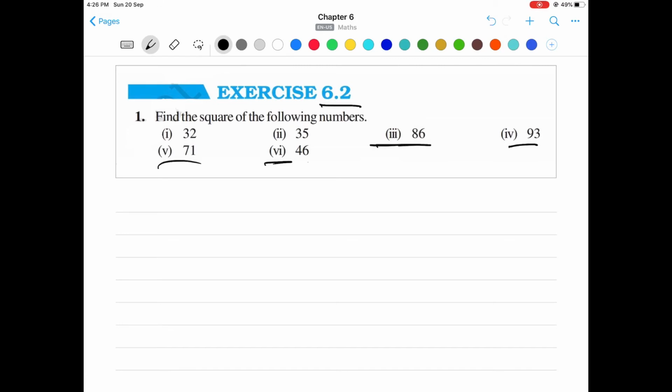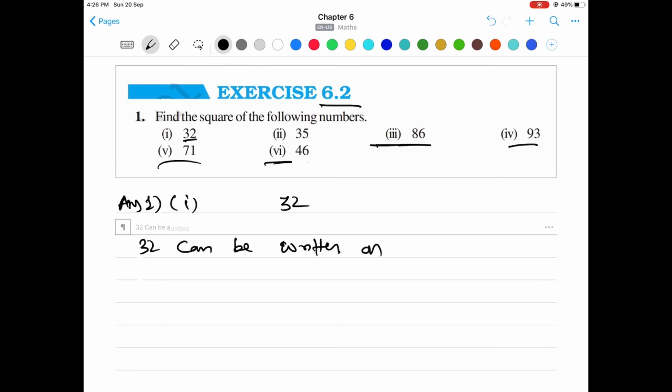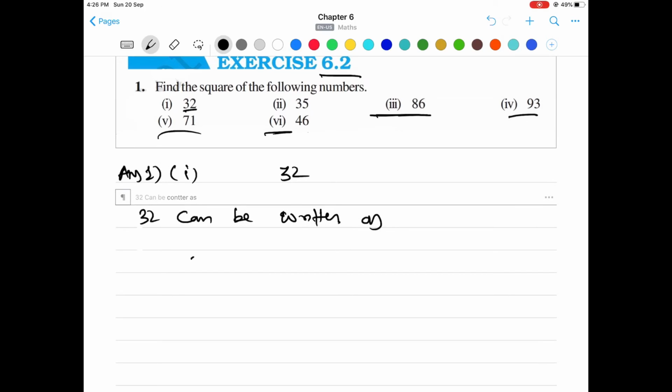So the first number here is 32. Let's write the answer for part 1. We can write 32 as 30 plus 2, so the square of 32 will be 30 plus 2 whole square.